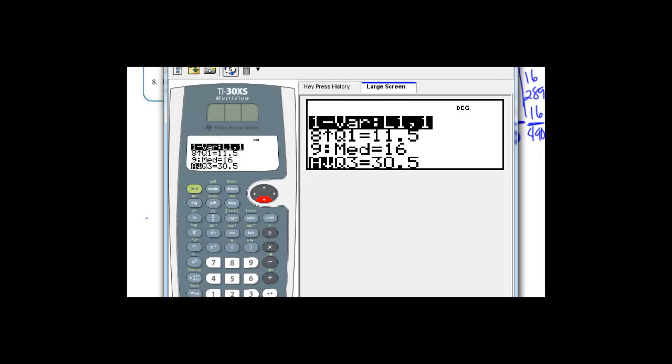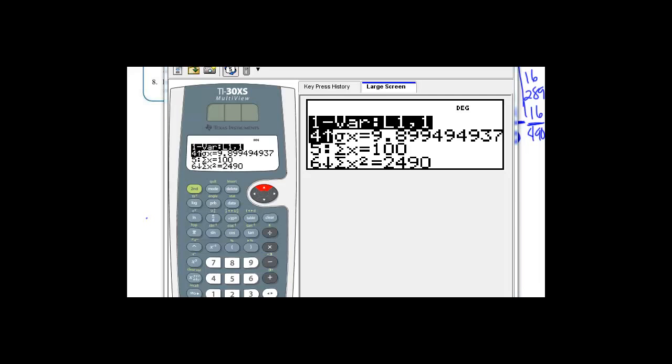MED is the median. Also quartile 3, we know that the median is also the same as quartile 2. The maximum x is your largest x value. And just a really nice comprehensive list of some different statistics that might come in handy.